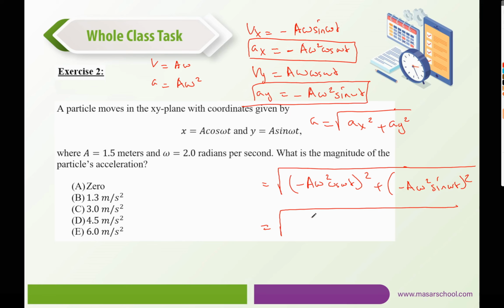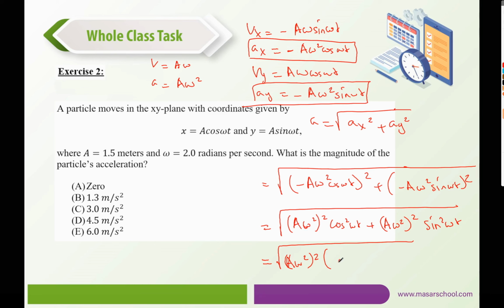The minus cancels due to the even power, so that would be the radical of A omega square cosine square omega t plus A omega square sine square omega t. You can factor out A omega square to the power of 2. We're left with cosine square omega t plus sine square omega t, which is equal to 1.